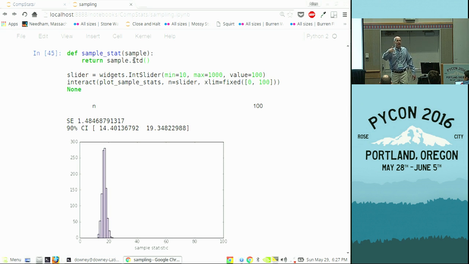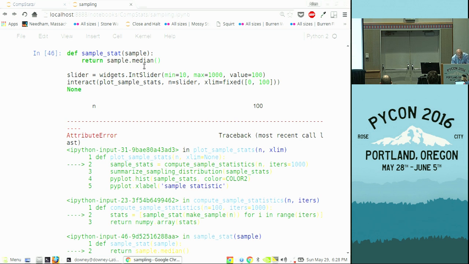Now from an analytic point of view, this is becoming increasingly difficult. The sampling distribution of the mean is really easy to figure out analytically. The sampling distribution of the standard deviation, a little bit harder. The sampling distribution of things like the median are actually pretty hard. But we can do it computationally with np.median of the sample.